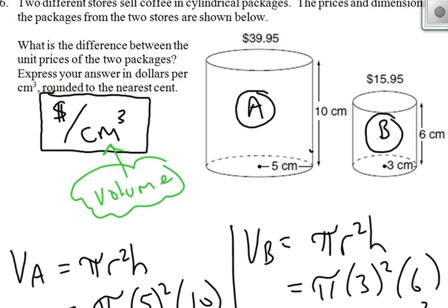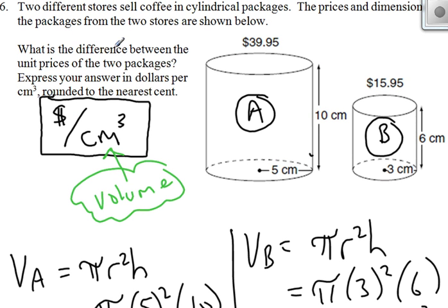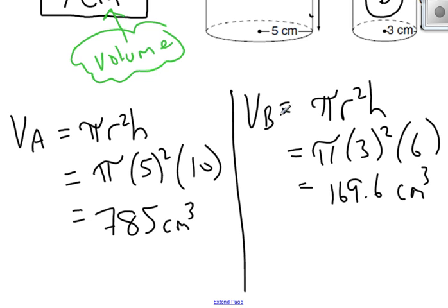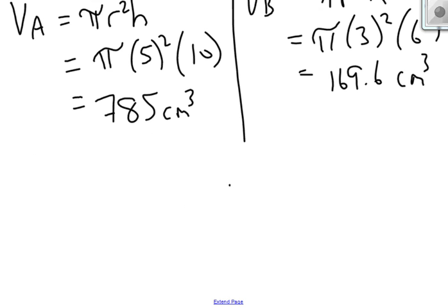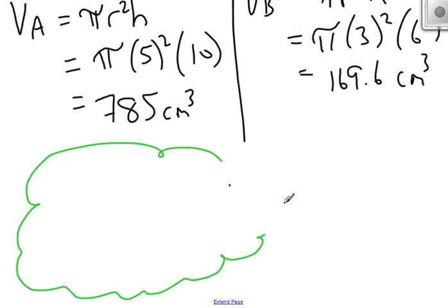So what I'm supposed to do is compare the unit prices of the two packages. Now, even without this extra bit of information here, you should remember that unit price, whether it's a volume question or a ratio question, looks like this. So unit price, and I'm going to use green because green is my brain. Green means go.